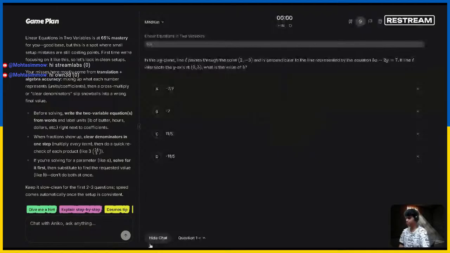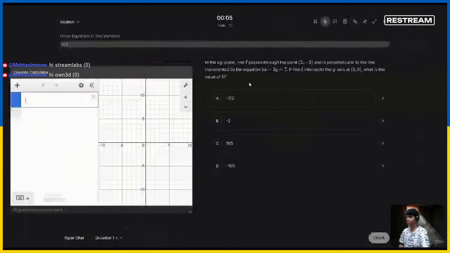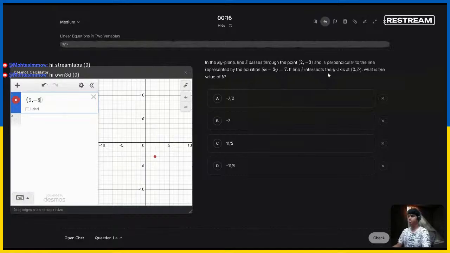Okay, my boy. Let's see. I'm good at math, but sometimes even math is easy. In an xy plane, line L passes through the point (2, -3) and is perpendicular to the line represented by 5x + 2y = 7.